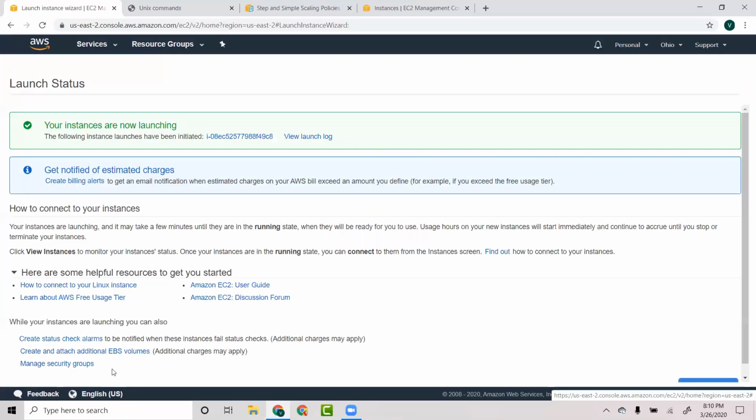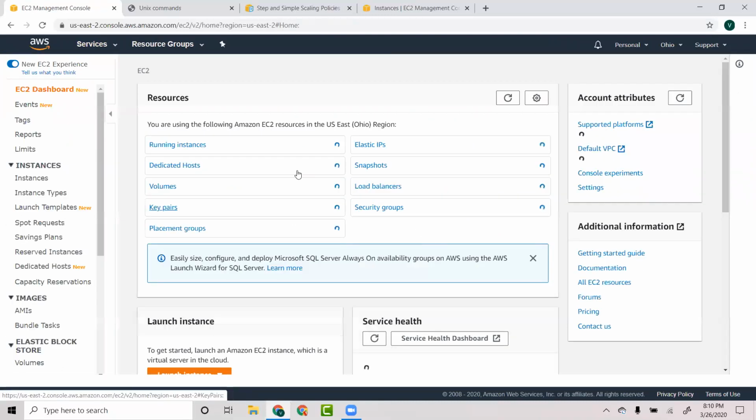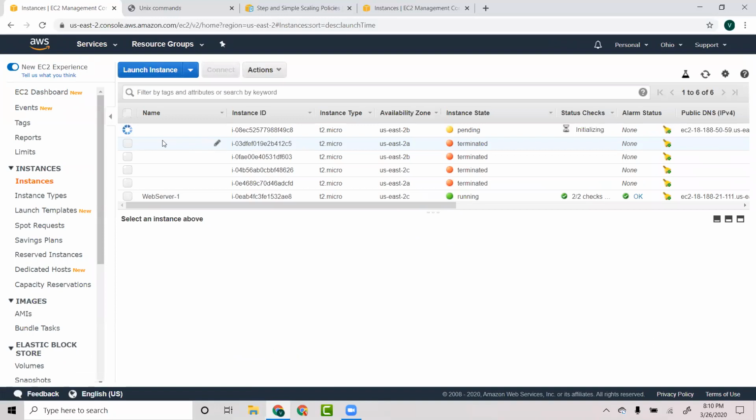So Venkat, can you add volume based off an alarm? Can I add volume based off an alarm? Meaning, same thing like auto scaling, but if you are running out of that 8 gig, I want the volume to be automatically added. You will be able to do it, Murali, but I don't know if I would recommend that. Actually, you don't have to use this.